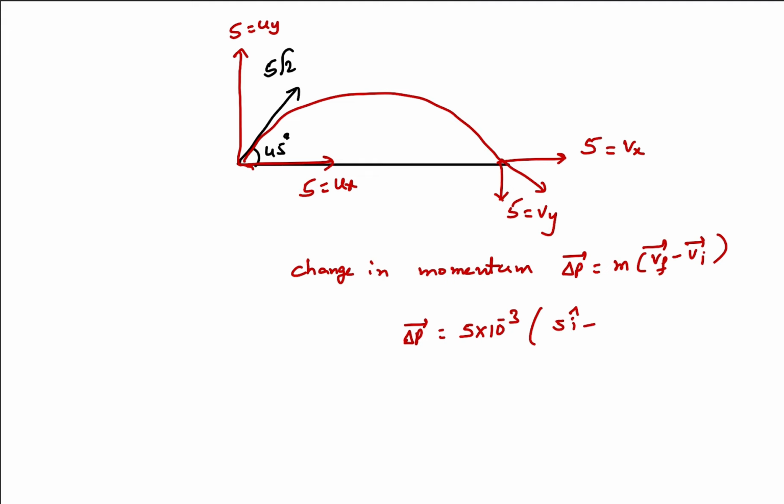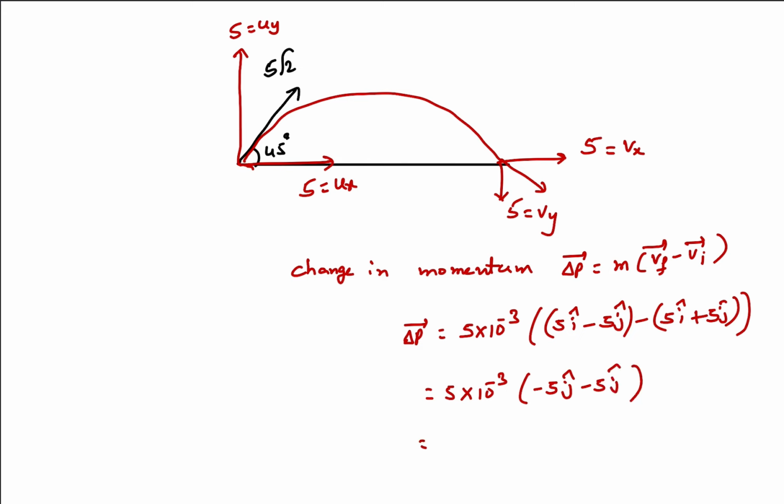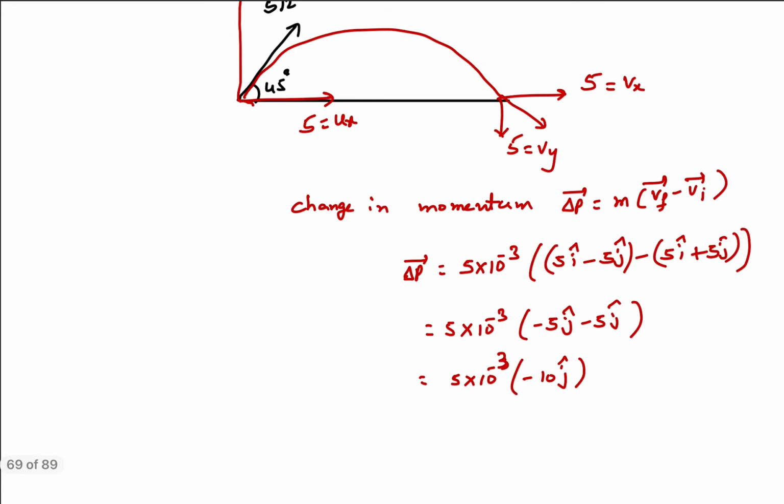Final velocity is 5 i cap minus 5 j cap. Initial velocity vector we can write as 5 i cap plus 5 j cap. Now you can get 5 into 10 power minus 3, 5 i cap gets cancelled, minus 5 j cap, minus 5 j cap will be there. So we can write it as 5 into 10 power minus 3 into minus 10 j cap.